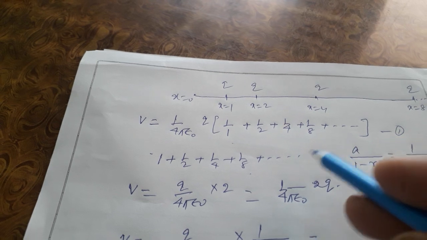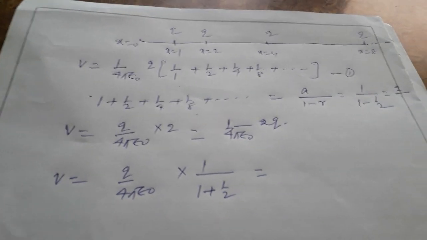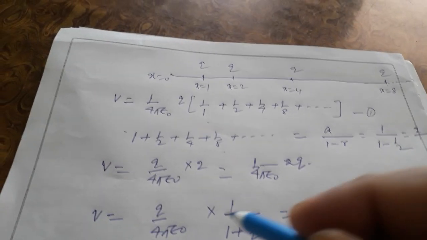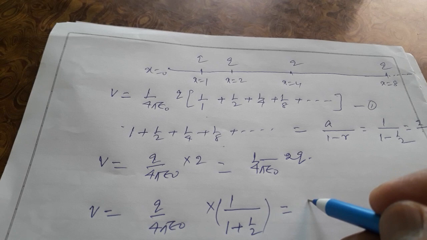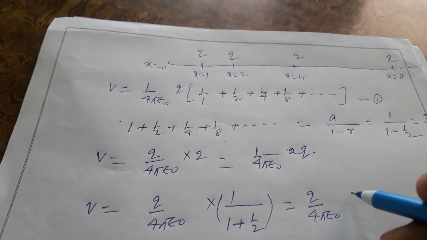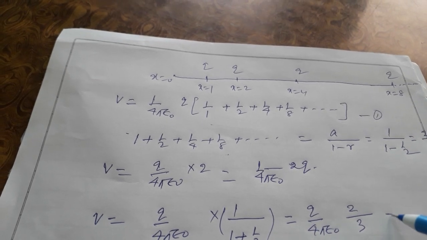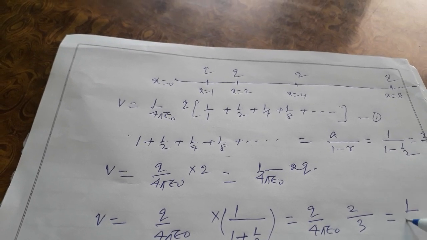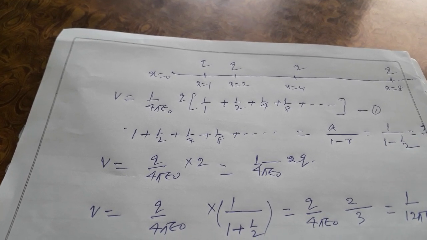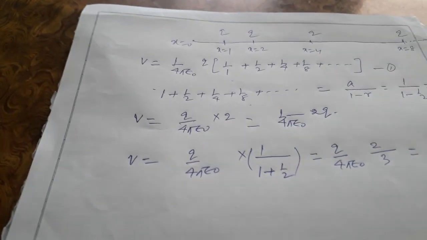For this part, when the consecutive charges have opposite sign, we have considered it directly over here. So q by 4 pi epsilon naught into 2 by 3, which is 1 by 12 pi epsilon naught into 2q, is your answer.